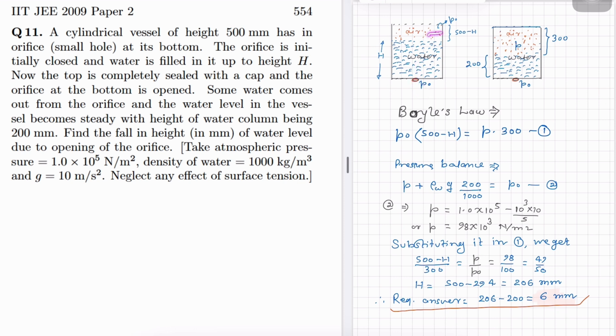So initially here is atmospheric pressure, here is atmospheric pressure below the hole, then why does water come out? Due to pressure of the liquid. Now as the water comes out, the air here will expand because it is sealed now, it has no chance to escape. Air will expand, and due to expansion of air, pressure in the air will drop.